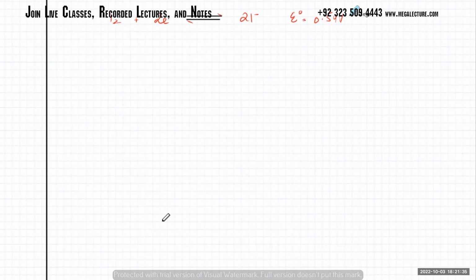And similarly, we've got another reaction, and this reaction is S2O8 2 minus plus 2 electrons, and that's in equilibrium with 2SO4 2 minus.